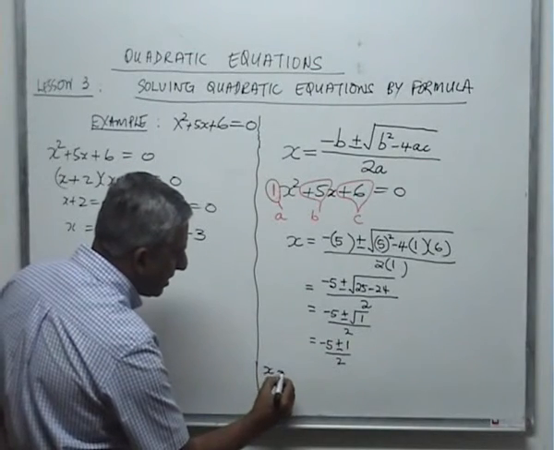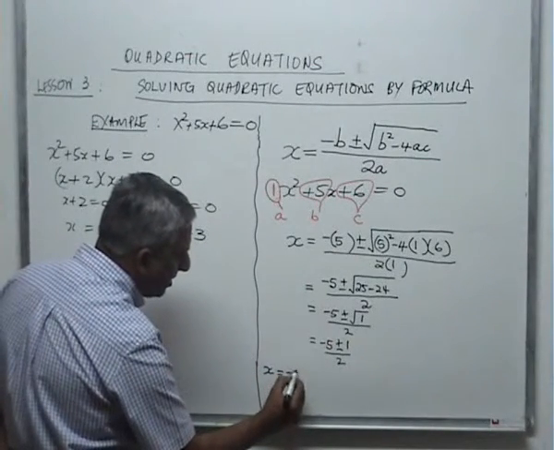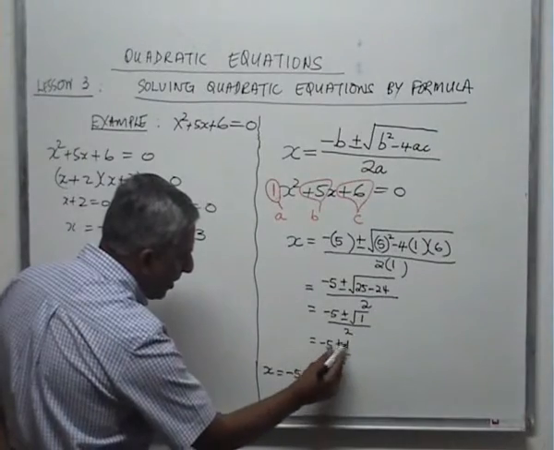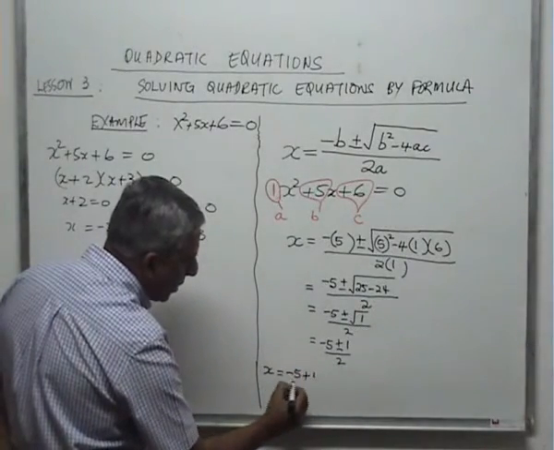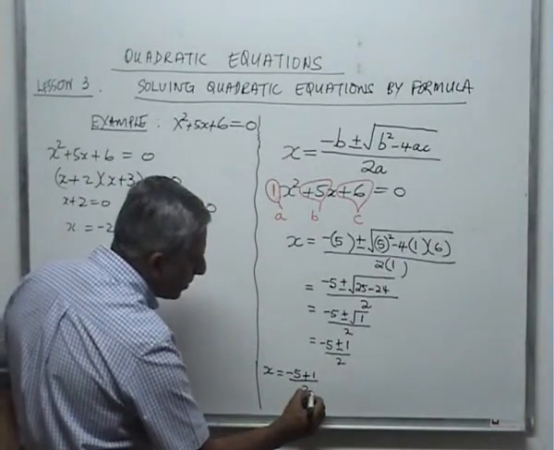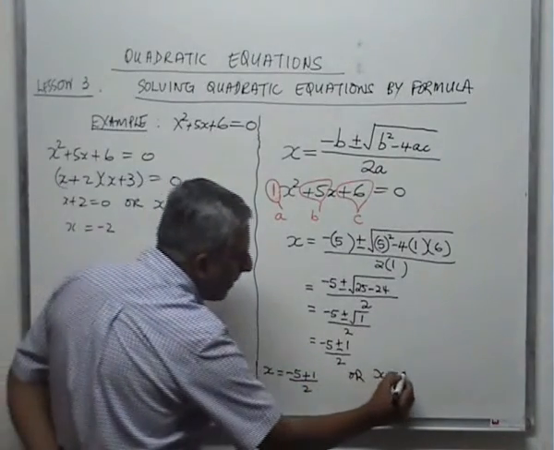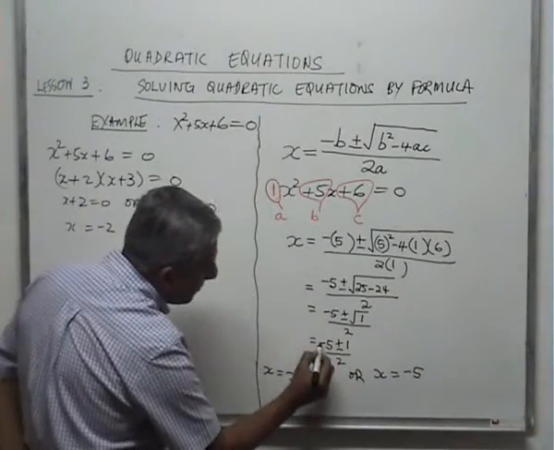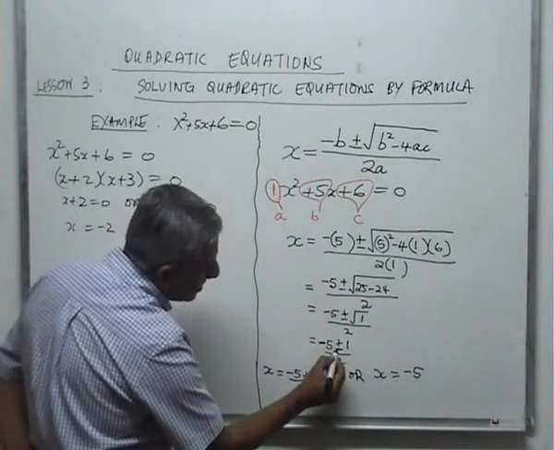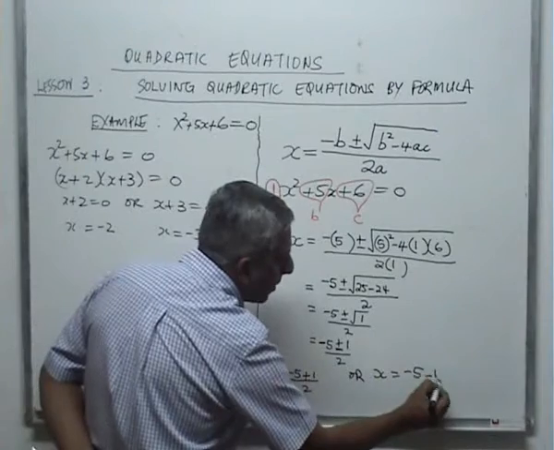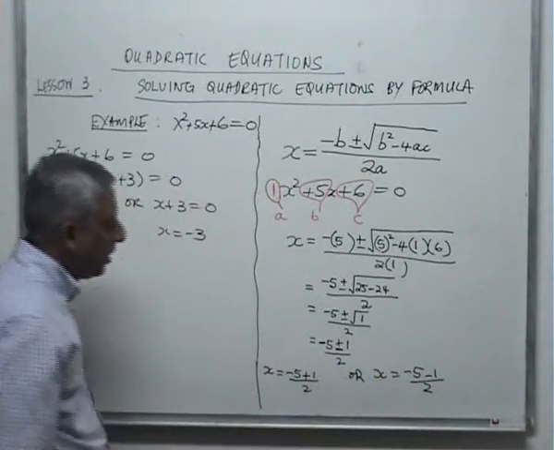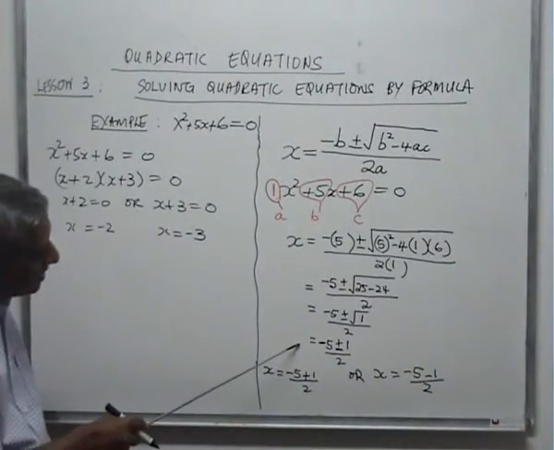So x is equal to minus 5 plus that 1 all over 2, or x is equal to minus 5 minus that 1 all over 2. I'll repeat that step. See, up to here it's pretty easy.